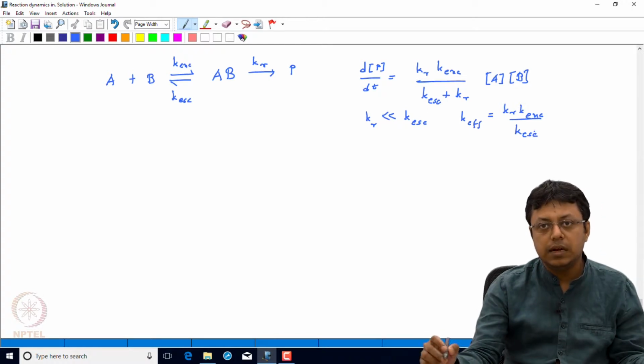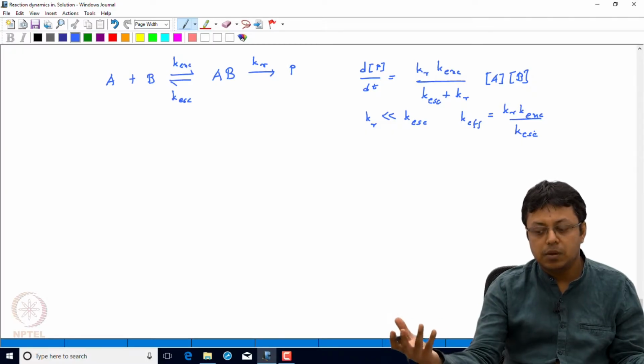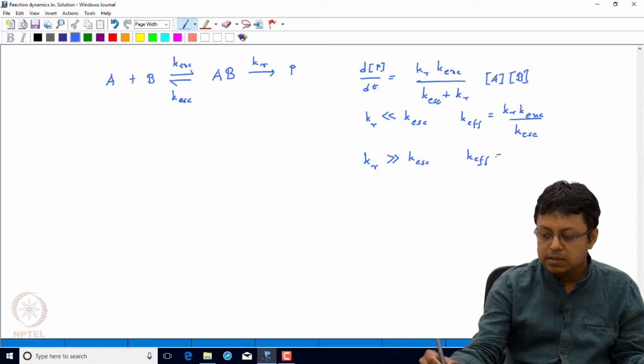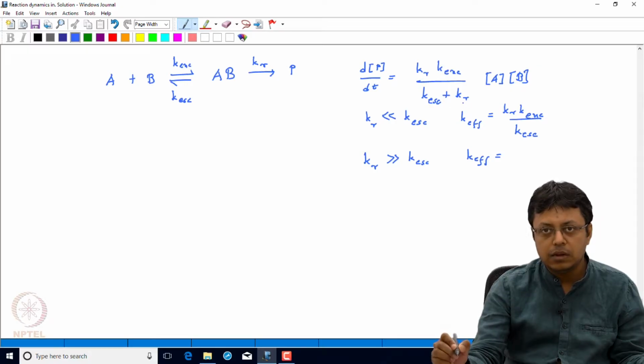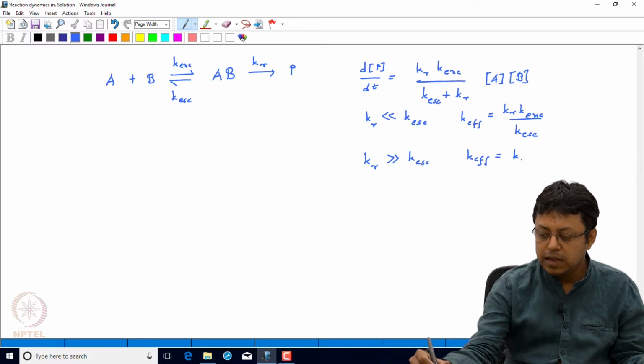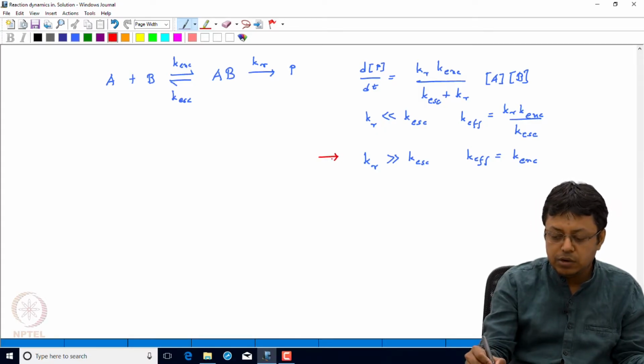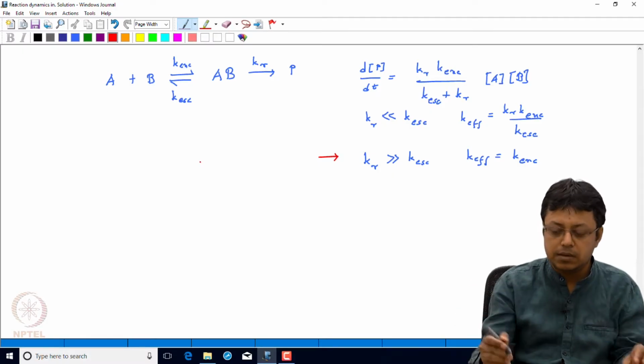Which means the rate is limited by the last step. So the encounters are basically small, but we are not considering that limit. We are considering the other limit where the reactive rate is much faster than the escape rate, which means the effective rate is nothing but, as you can see, if I keep the Kr in the denominator and ignore the K escape, then the Kr gets cancelled with the Kr in the numerator, and all I will have is that the reaction rate is dependent on the encounter rate.